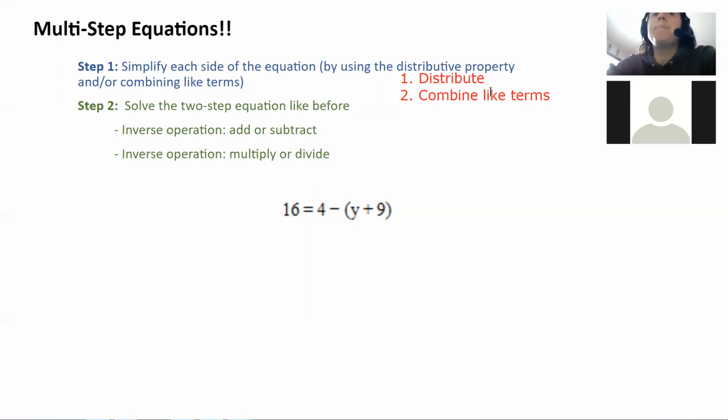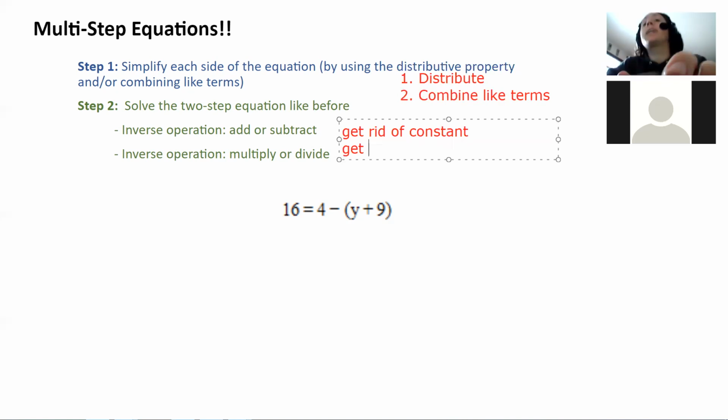Okay? And then step 2 is you solve the two-step equation like before. You do the inverse operation of adding or subtracting. You get rid of that constant. Get rid of constant. And then step 2 is to get rid of that coefficient.